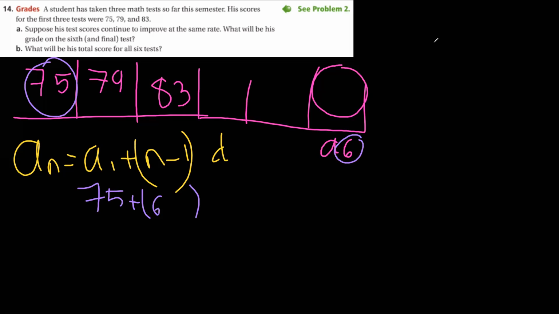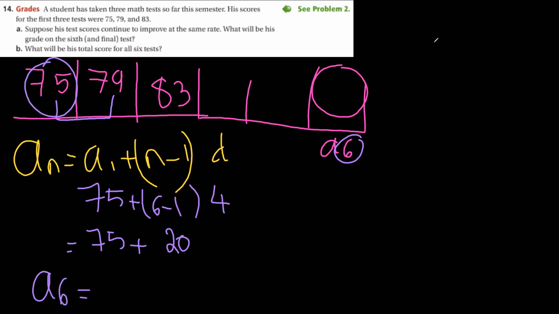It is 6, so 6 minus 1 times the common difference. It is 4, subtracting 75 from 79. So 6 minus 1 is 5, times 4 is 20, plus 75. So we suppose that his sixth grade will be 95.